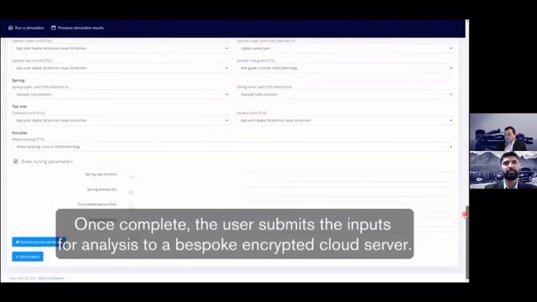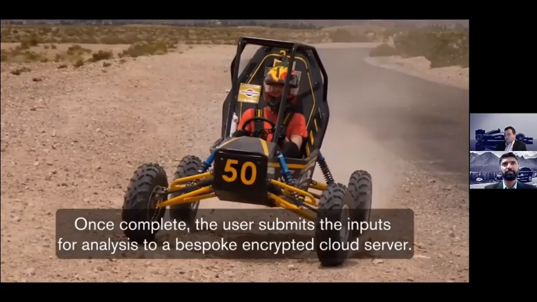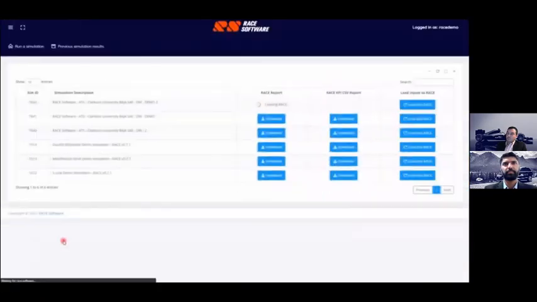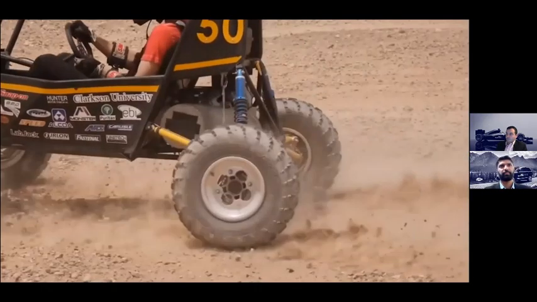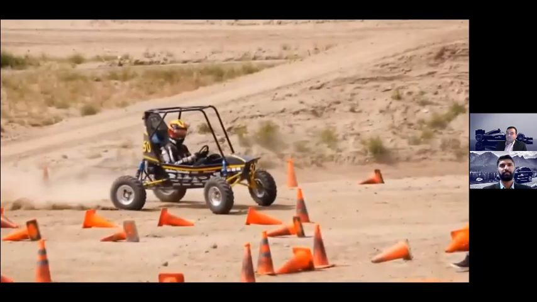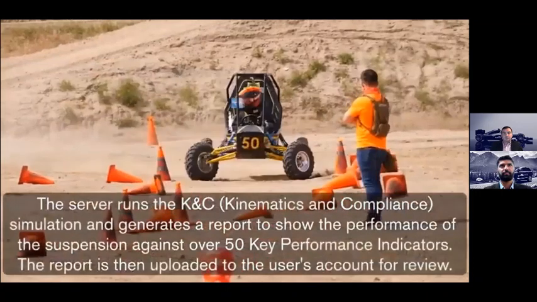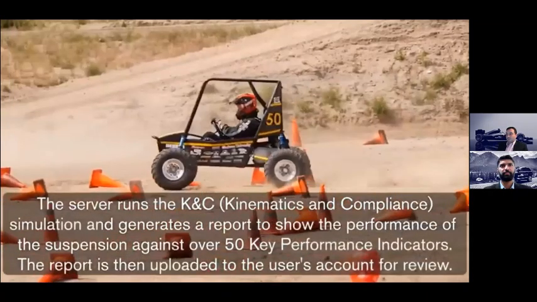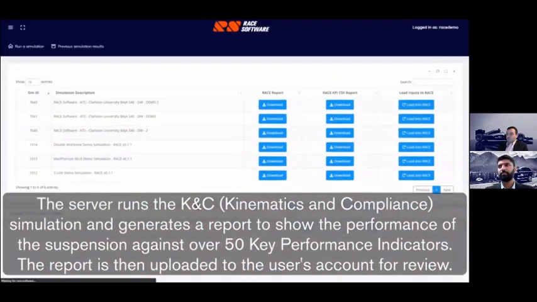Once complete, the user submits the inputs for analysis to a bespoke encrypted cloud server. The server runs the KNC kinematics and compliance simulation and generates a report to show the performance of the suspension against over 50 key performance indicators. The report is then uploaded to the user's account for review.